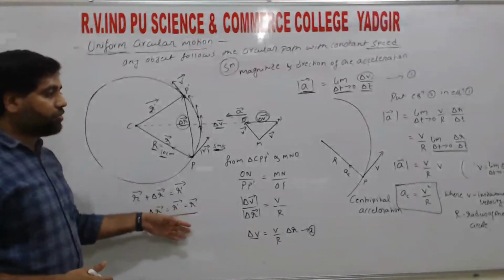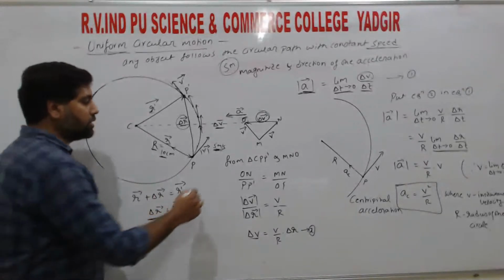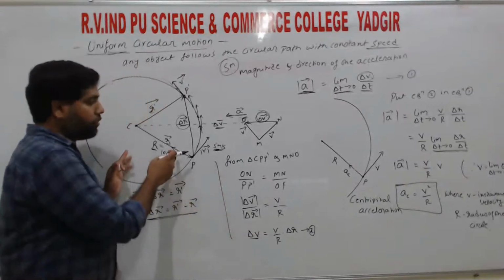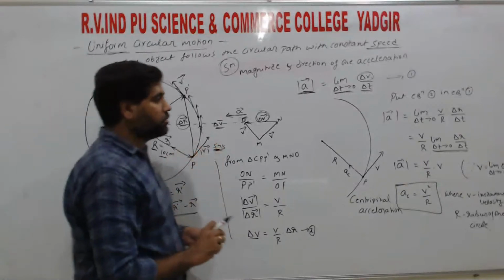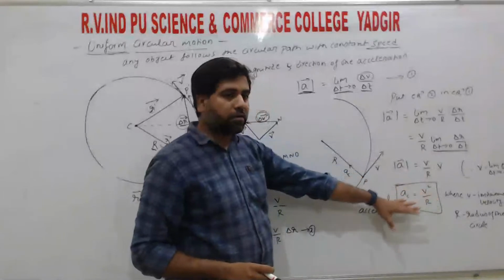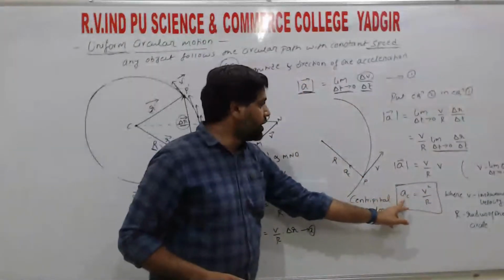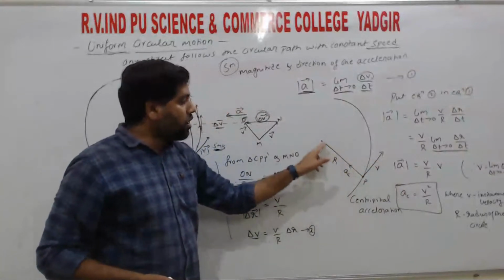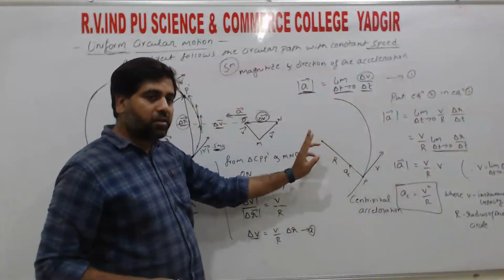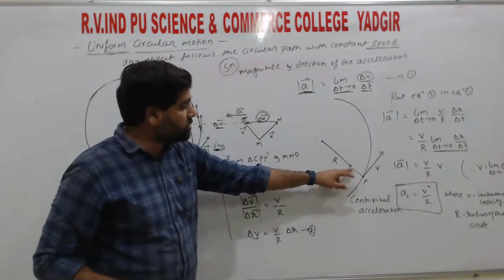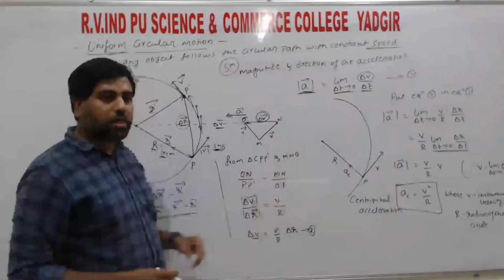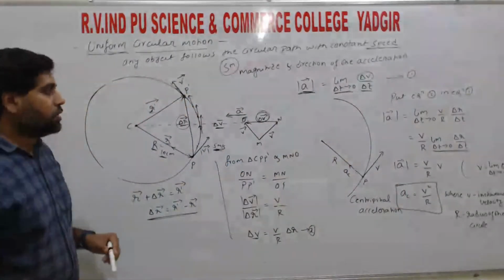Very important, asked several times. So we have only this much: this diagram, then these 5 steps, right? So this gives what? The magnitude and direction. AC is the magnitude, and the direction is that it always acts towards the center of the circle. So centripetal acceleration is always towards the center of the circle, right?